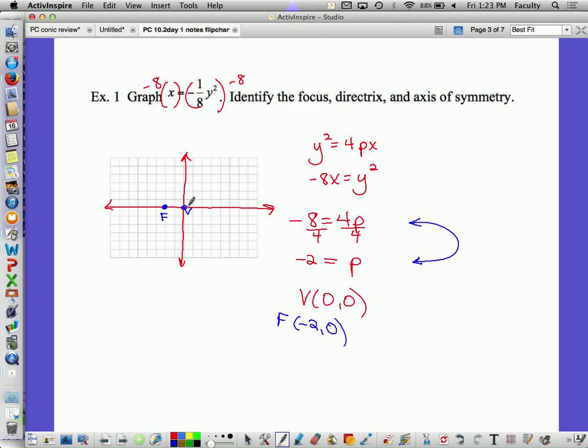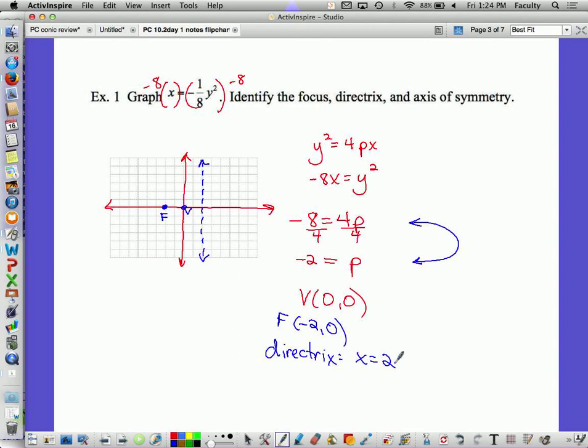The directrix is 2 units going the other way, but it's a line, and it's actually, in this case, a vertical line. So the directrix is x equals 2. Now, if you look at the chart we have on the previous screen, we really are doing p, 0 and x equals the opposite of p. I mean, we are doing it, but I think it's easier to just reason it out.